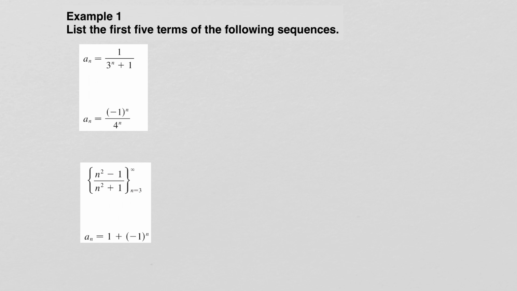So as an example here, list the first 5 terms of the following sequences, and we'll do these one at a time. The first one says An is equal to 1 divided by 3 to the n power plus 1. So the first term of the sequence is going to be 1 divided by 3 to the first power plus 1, and this is equal to 1/4.